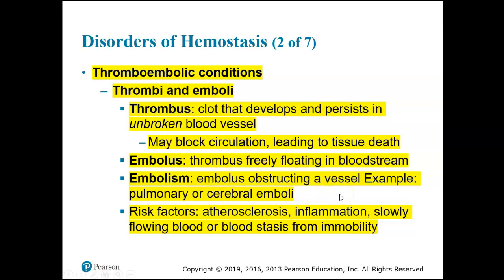So you can have a pulmonary embolism in the lungs or a cerebral embolism in the brain. Risk factors for a thrombus or an embolus are atherosclerosis, which is plaque formation in the arteries, inflammation, slowly flowing blood or blood stasis, that means the blood has stopped flowing from immobility.